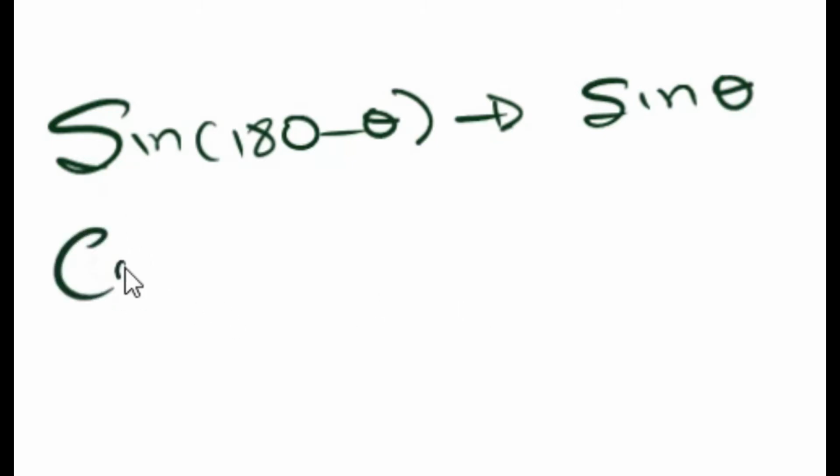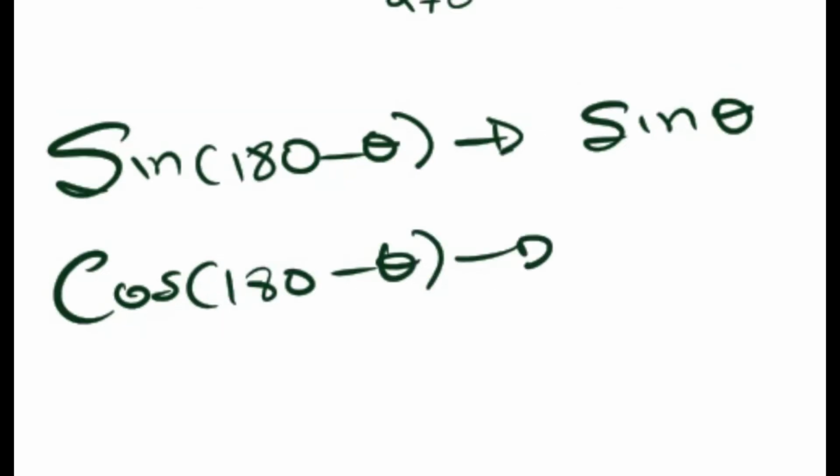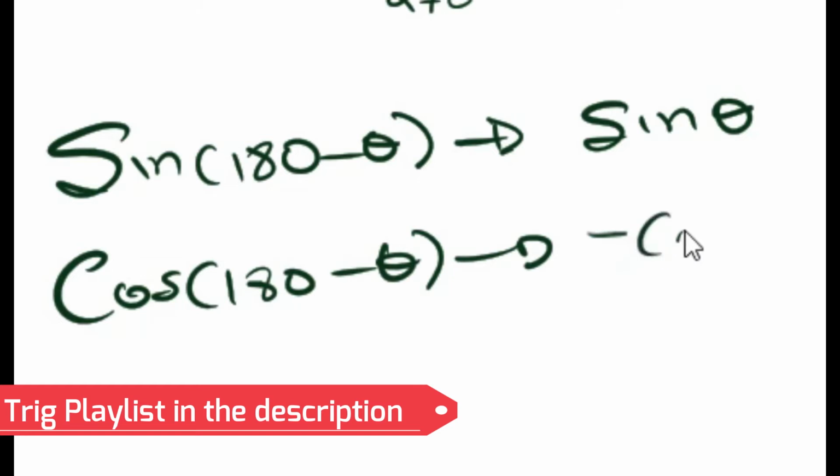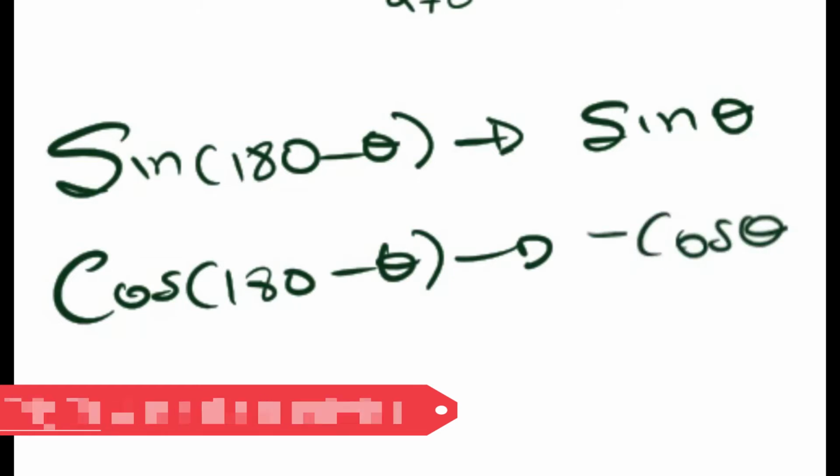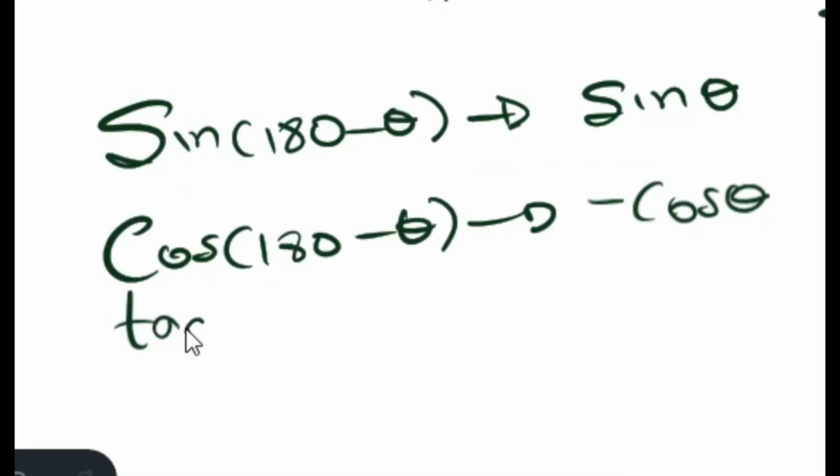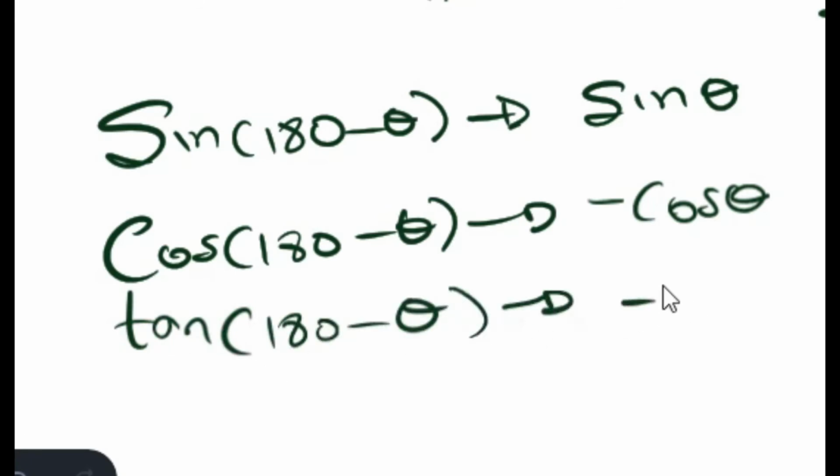However, if I make it cos 180 minus theta, because only sine is positive in the second quadrant, this cos would be negative cos theta. The same thing is also true for tan 180 minus theta. I expect my answer to be negative tan theta.